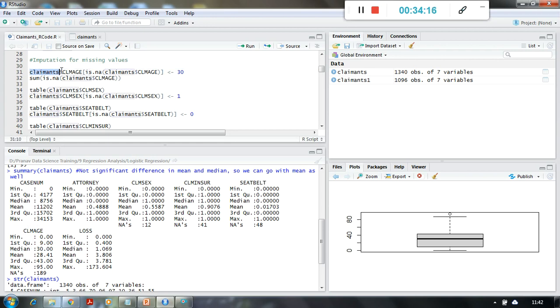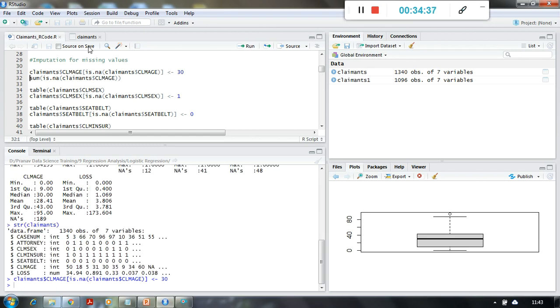So I am saying wherever you have a value in the claimant age column that is NA, simply replace it by 30. This is the meaning of this line.